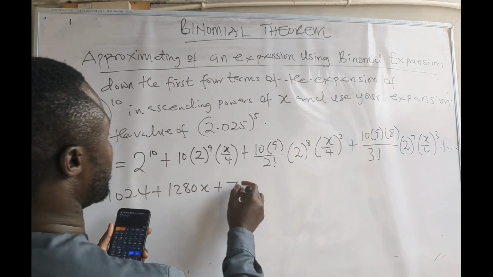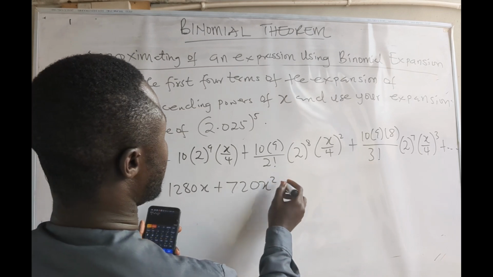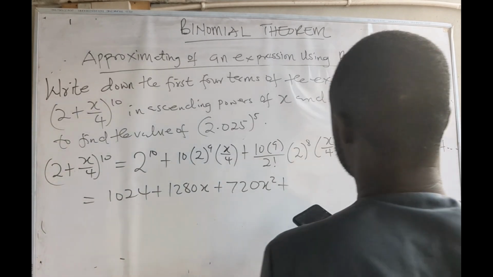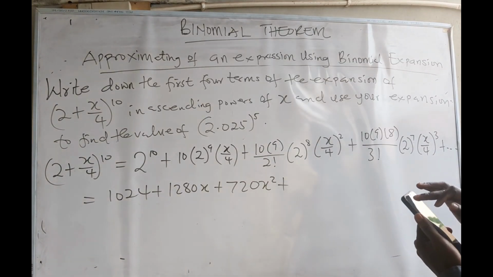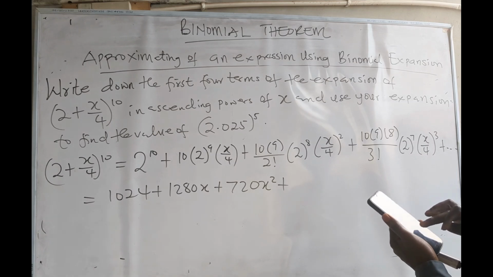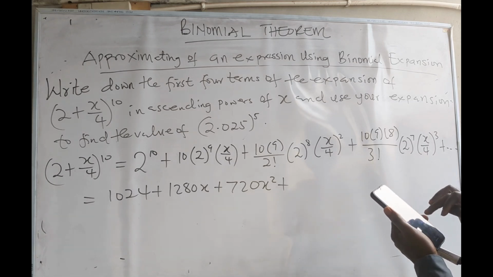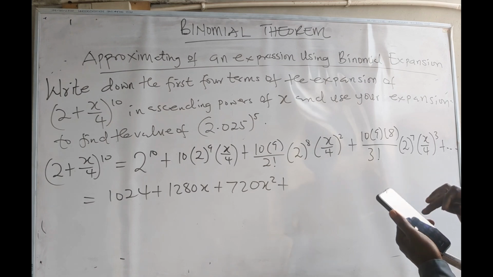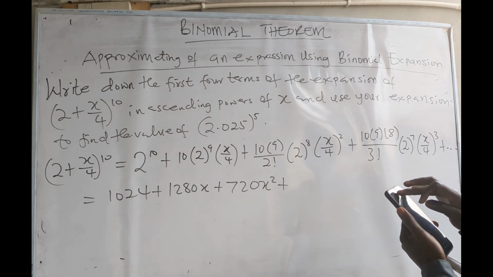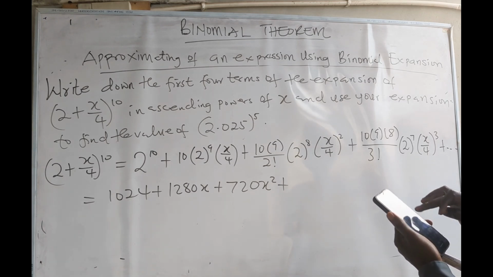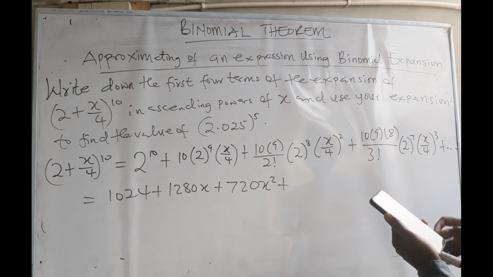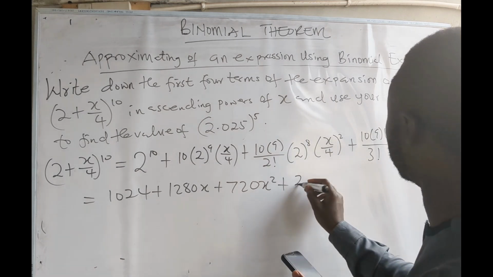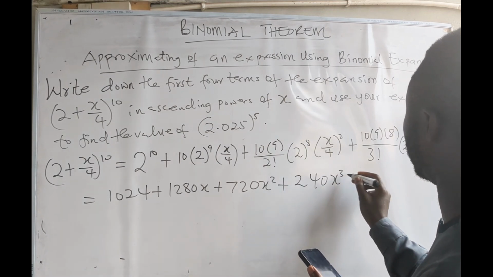That will give us 720 x squared, plus 10 times 9 times 8 over 3 factorial times 2 exponent 7 times 1 over 4 exponent 3. That will give us 240 x exponent 3.